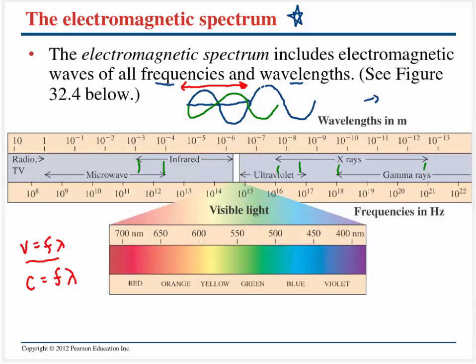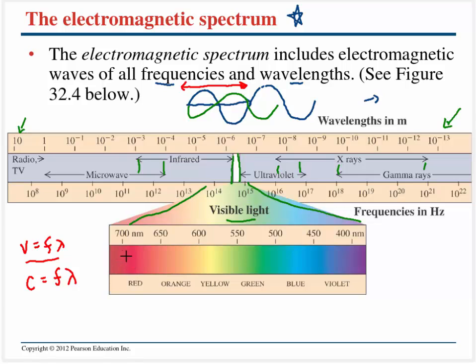One very interesting tiny sliver right here is the region from about 700 nanometers to about 400 nanometers, and this is the spectrum of light that we can see. It's humbling to think that there's this huge spectrum of wavelengths that can constitute the electromagnetic spectrum, running from 10 to the minus 13th all the way up, however, we're sensitive with our naked eye to just a tiny little section right here.